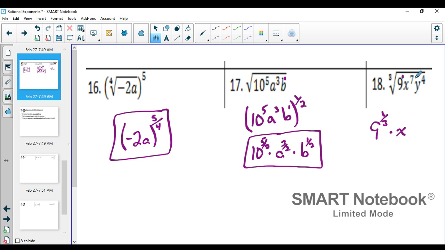And so 7 is its exponent, so it becomes its numerator. And then the root is 3, so that's the denominator, times y. And 4 is its exponent, so it's its numerator. And the root again is 3, so that's the denominator. So there are two ways to do those types of problems, and I don't care which way you do it, it works either way.